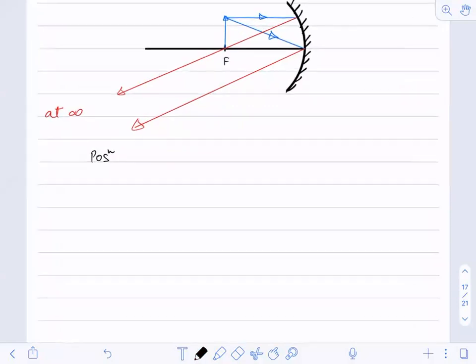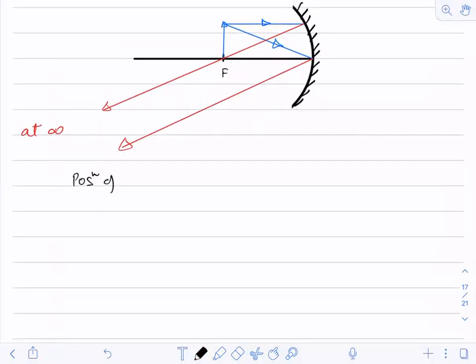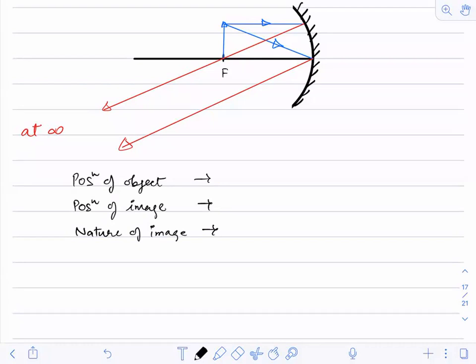Now tell me, what is the position of the object, the position of the image, the nature of the image, and the size of the image?